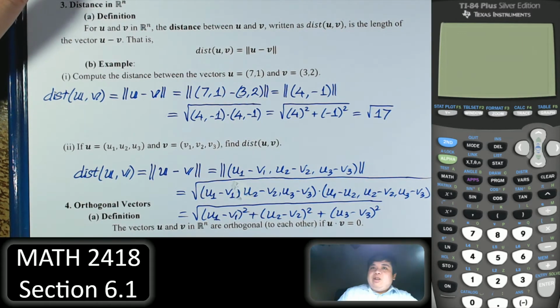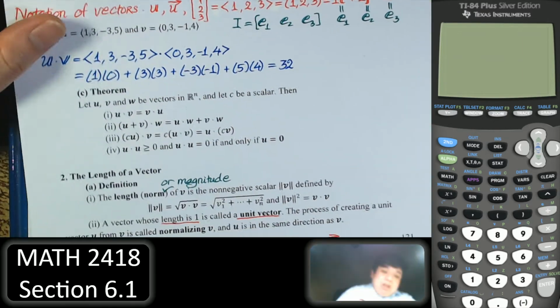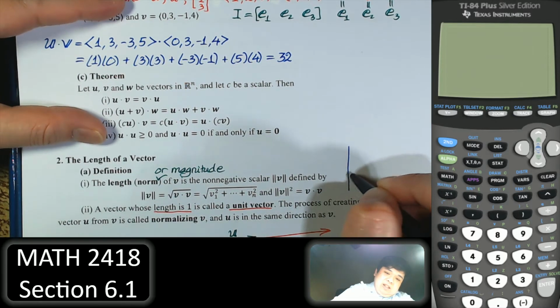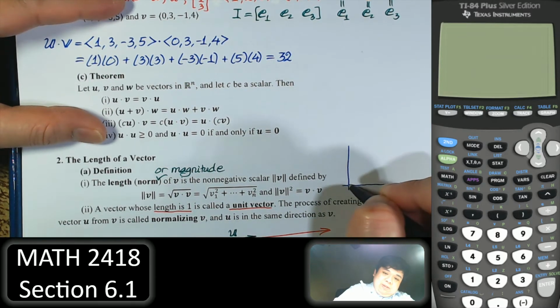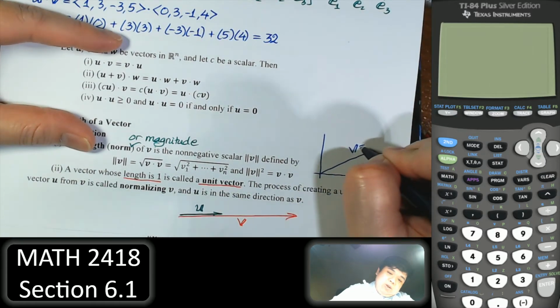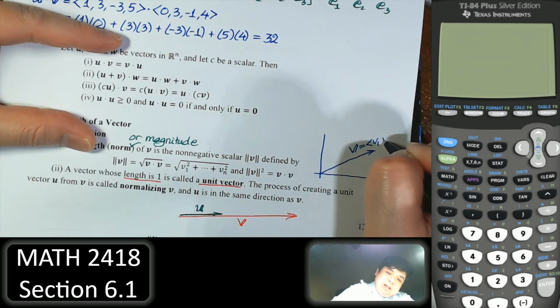Of course, the distance formula comes from the Pythagorean theorem, so that's why when we find the length, I'm just going to do the simple case where v has two components, v1 and v2.